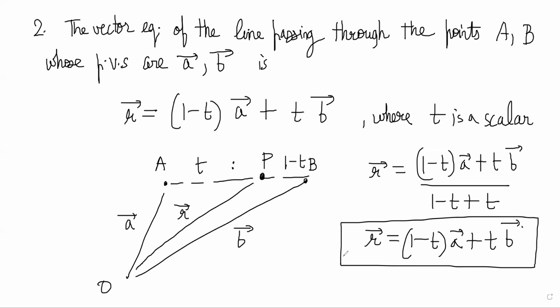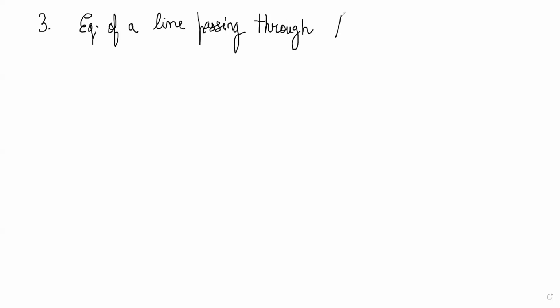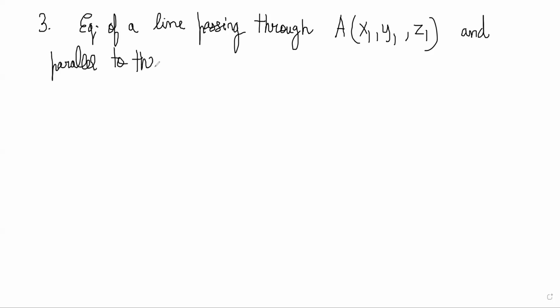The next thing that we'll look at is the equation of a line passing through the point A, x1, y1, z1, and parallel to the vector B, which is given by L, M, and N components.